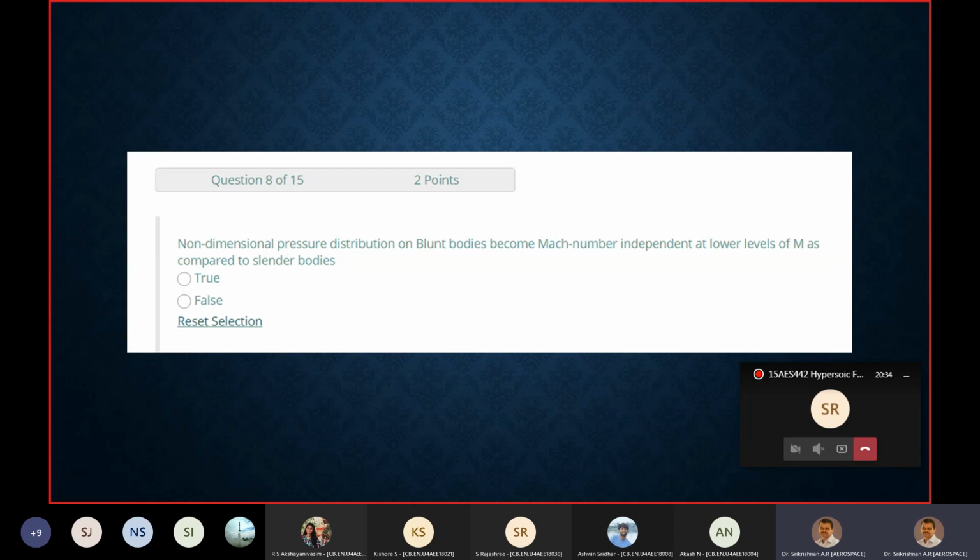This is correct, because for blunt bodies like a transversely placed cylinder or a sphere, or any blunt shape, Mach number independence is observed even at lower levels of Mach number, like 4, 4.5, whereas for slender bodies it may be after 5.5. We have reviewed some experimental results on that, which are available in literature, and shown them here.